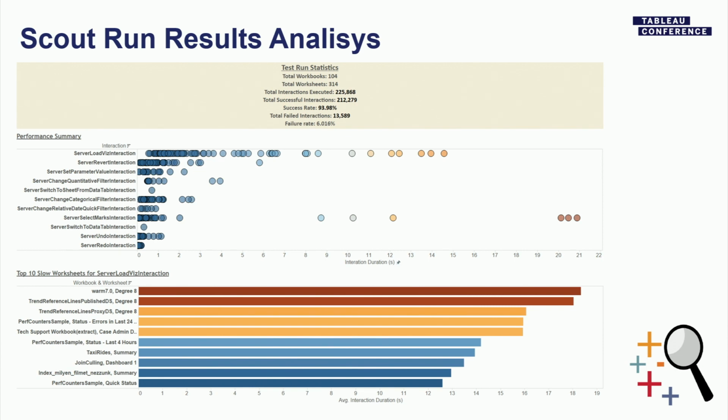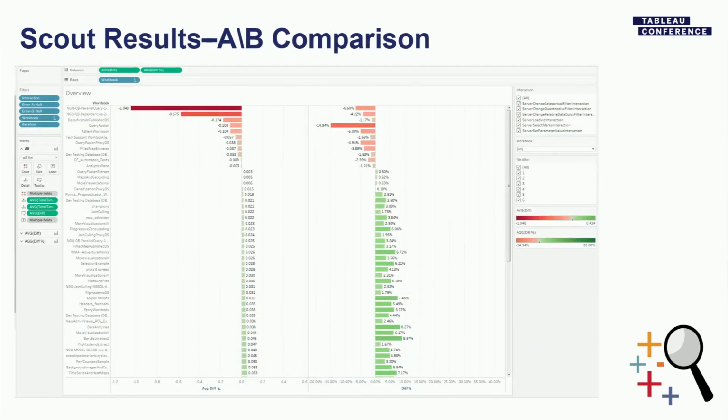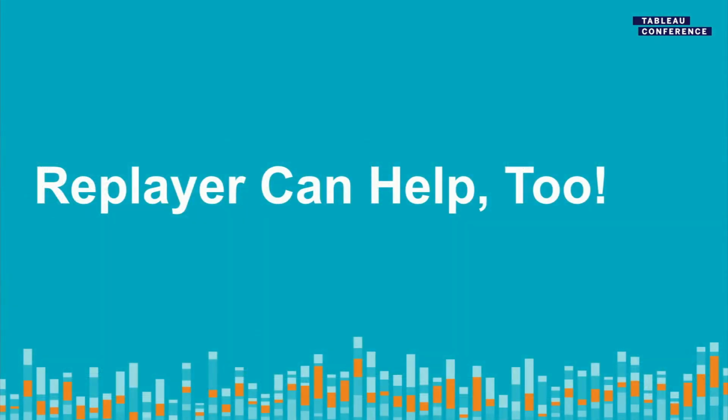I just wanted to show you how it looks for a huge run. And then the same thing when you do A/B comparison for a huge run. You can see how much data we have there, and you can see what was slower, what was faster, did we improve, did we regress. And with that, I'm going to give it to Uma here, who's going to talk about Replayer.